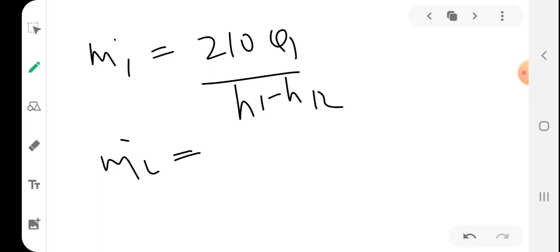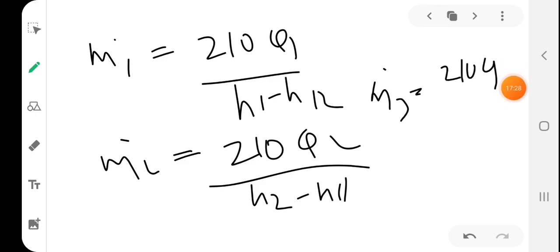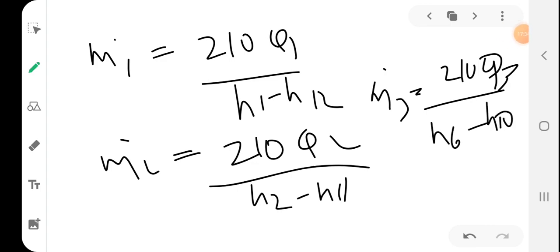Since these are individual expansion valves, there is not much complexity in calculating the mass flow rate through the individual evaporators. m2 dot is 210 Q2 by h2 minus h11, and m3 dot will be 210 Q3 by h6 minus h10. All these equations you know, and the total mass can be calculated.